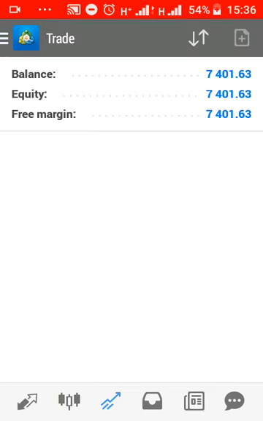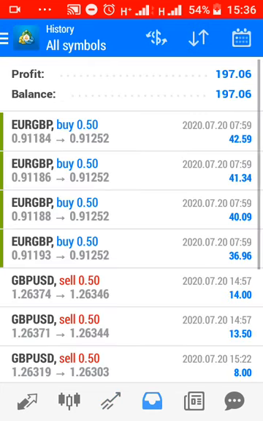Then on the third menu, you will see balance, equity, and margin, and even when you have some orders that are open, you will see them here. And then the fourth one is for history.